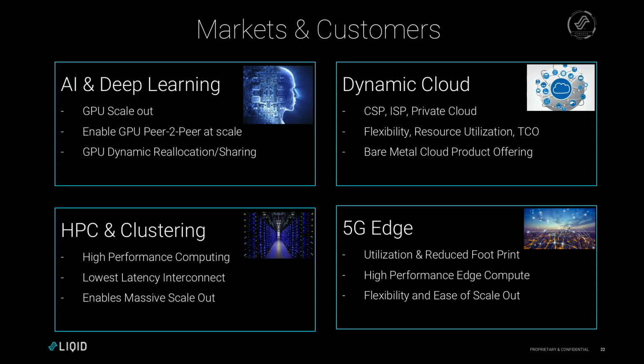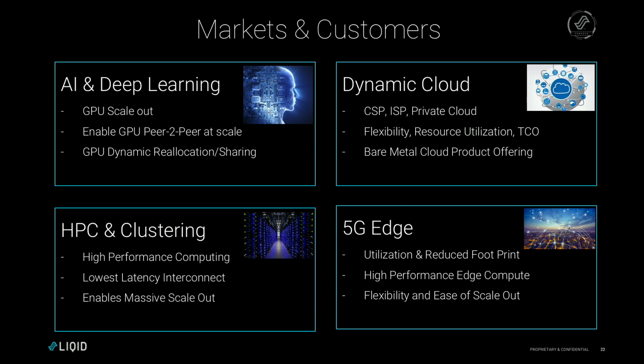Number 1 is this idea to scale out GPUs. So if my server needs 4 or 8 or 16, we can enable that by scaling them out across the fabric. The next thing that we enable is the dynamic reallocation of these resources, like the media customer we have. Give them to this person during the day, give them to that person at night, raise the utilization rate of those GPUs. And the third one is extremely important.